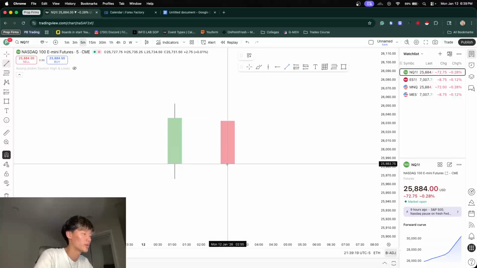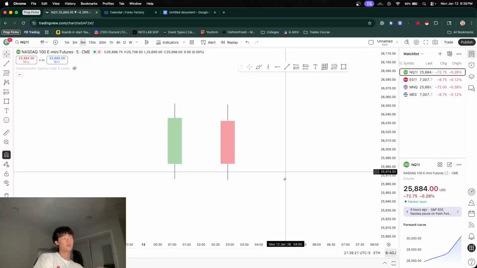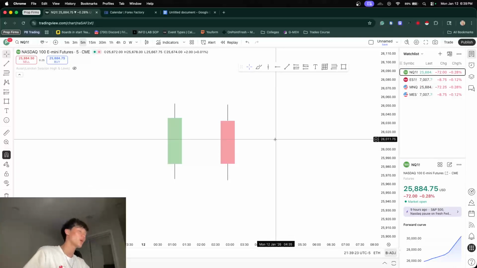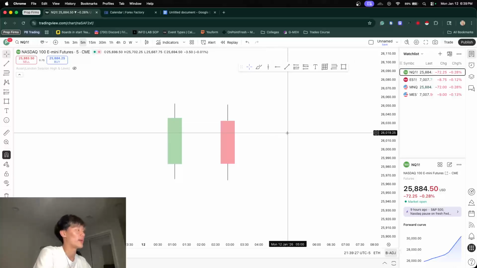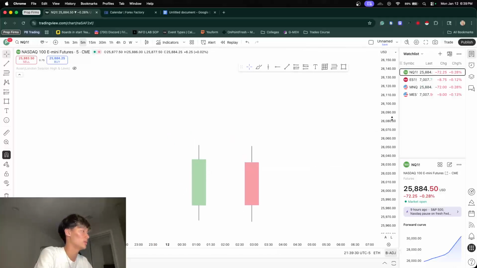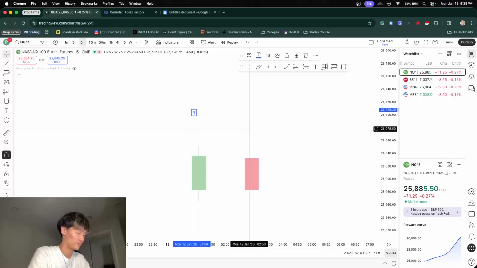Okay, so candles. Candles are basically the structure of the market, okay? Before we get in, we have some terms we want to know. First we have bullish and bearish, opening price, closing price, body, and wick.